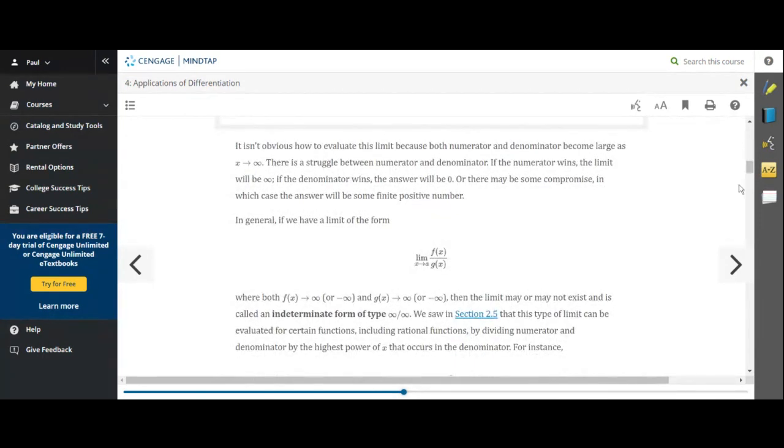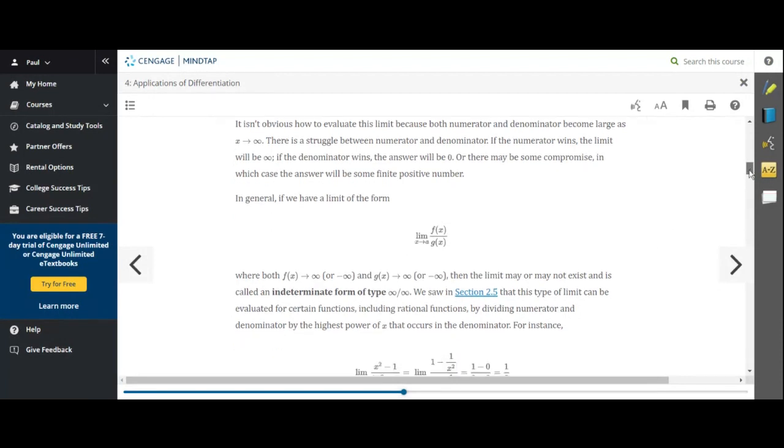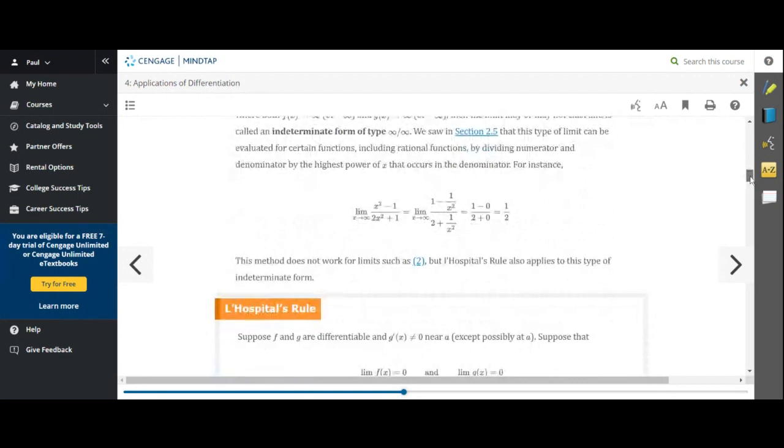Incidentally, you could also have a situation where you have the ratio of two functions f and g, and as x approaches a, the numerator function f goes to infinity and the denominator function g goes to infinity. So you'd have infinity over infinity. That's another indeterminate form. It doesn't have to equal 1, so we need a way to handle this.